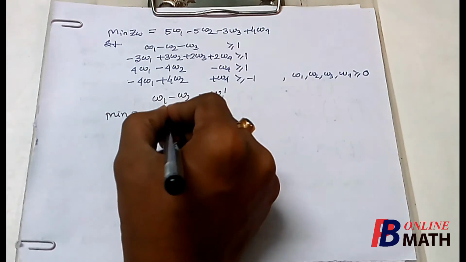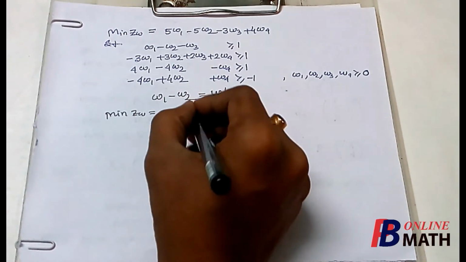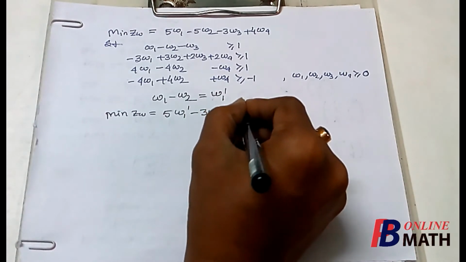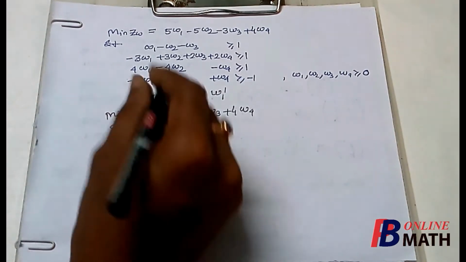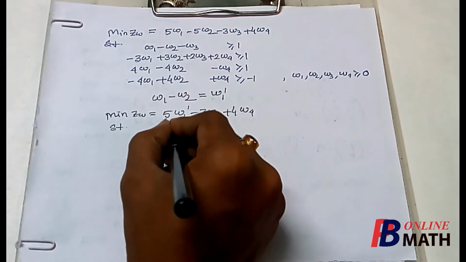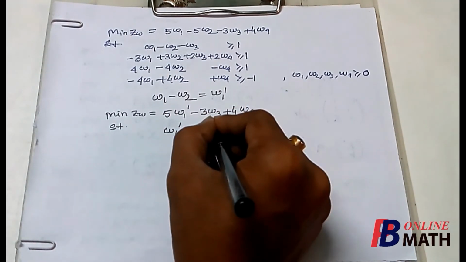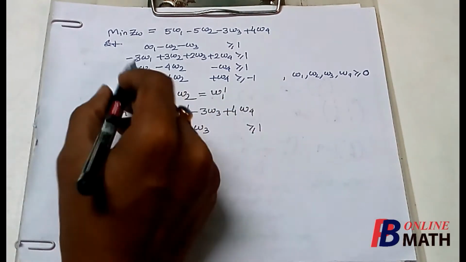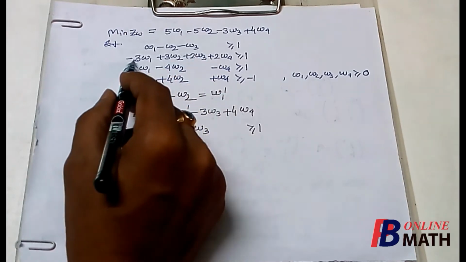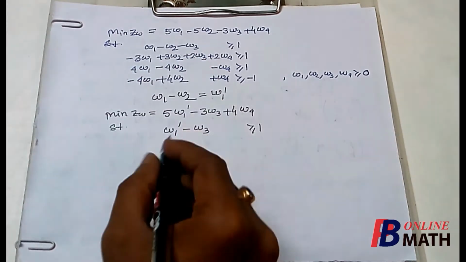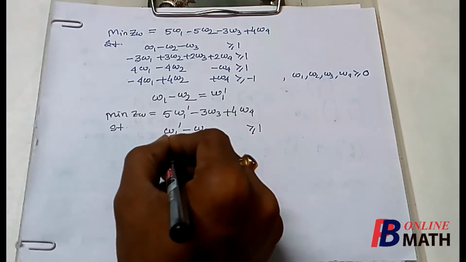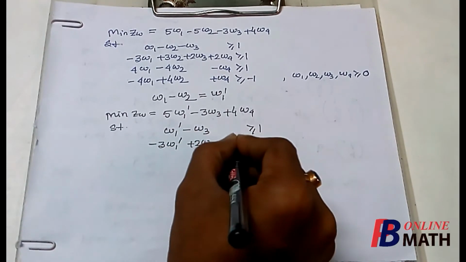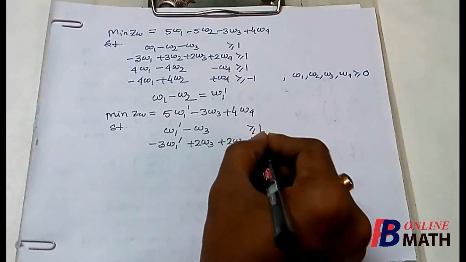This is equal to 5 omega 1 dash minus 3 omega 3 plus 4 omega 4, subject to omega 1 dash minus omega 3 greater than or equal to 1. The second constraint can be written as minus 3 omega 1 dash plus 2 omega 3 plus 2 omega 4, greater than or equal to 1.